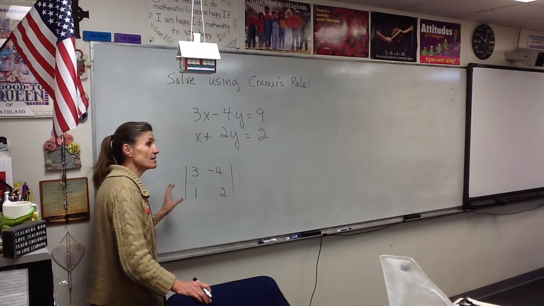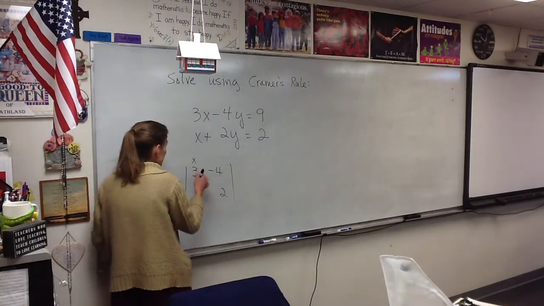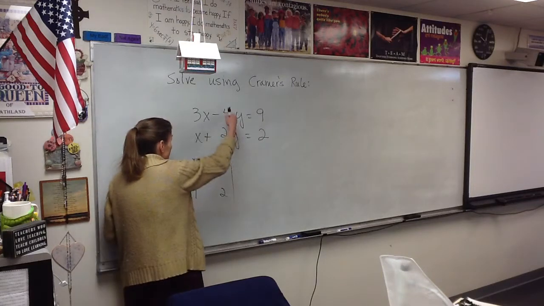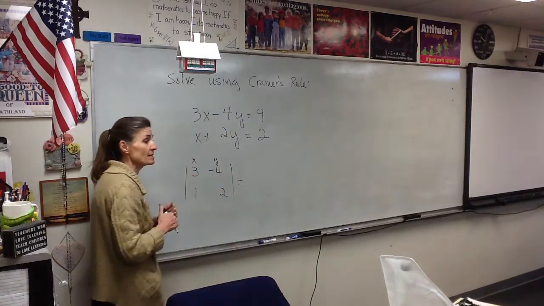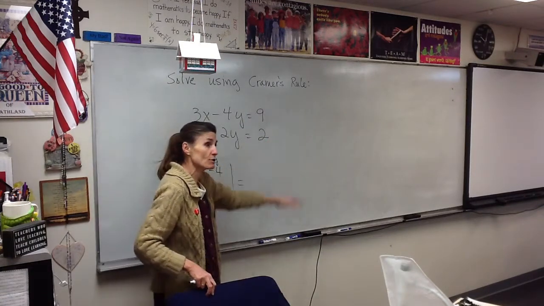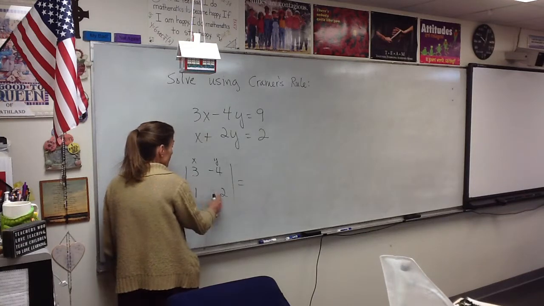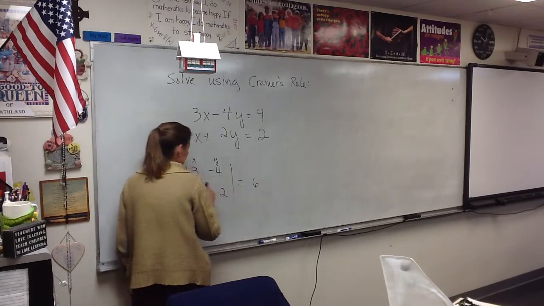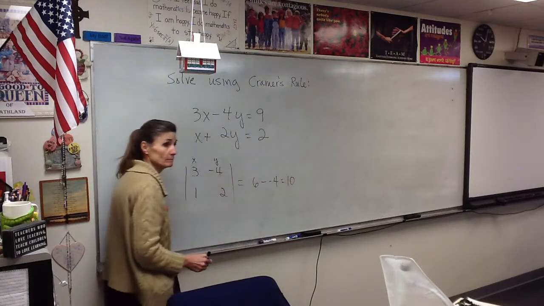He's finding the determinant of the coefficients. These are his x numbers, and these are his y numbers. And he is going to evaluate that determinant just like you did on the quiz. So the value of this determinant would be what? 6 minus negative 4, 10.